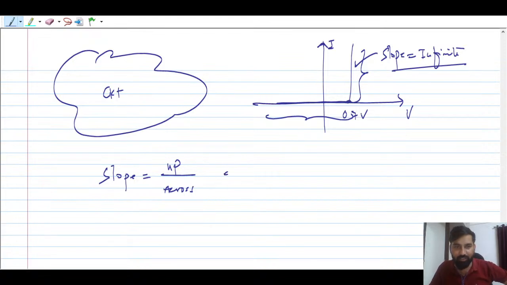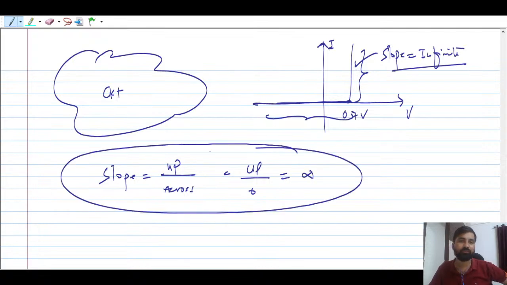So up you have gone, but across is 0, so this is infinite slope. And if someone asks what is the slope of this guy, which is purely horizontal, then the slope is 0. Horizontal slope 0, vertical slope is infinite.